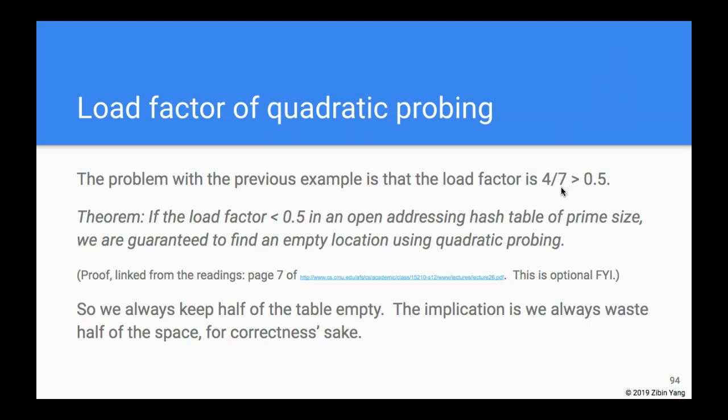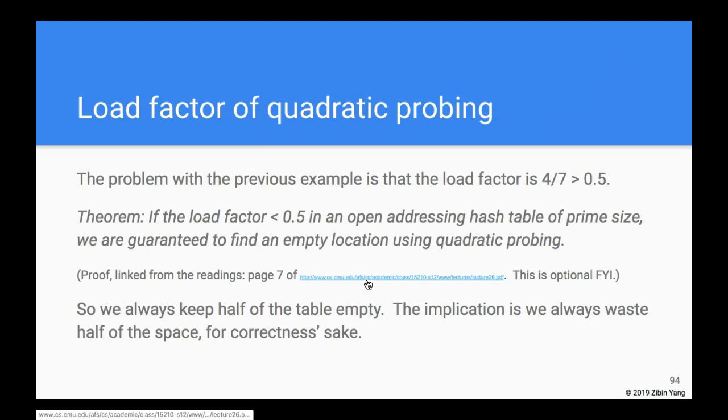There is a theorem that says if you are using an open addressing hash table of prime size, and you're using quadratic probing, then you're guaranteed to find an empty bucket if the load factor is less than 0.5. However, in our case, it's bigger than 0.5. That's why we could not find an empty bucket. There is a nice proof linked from the readings.